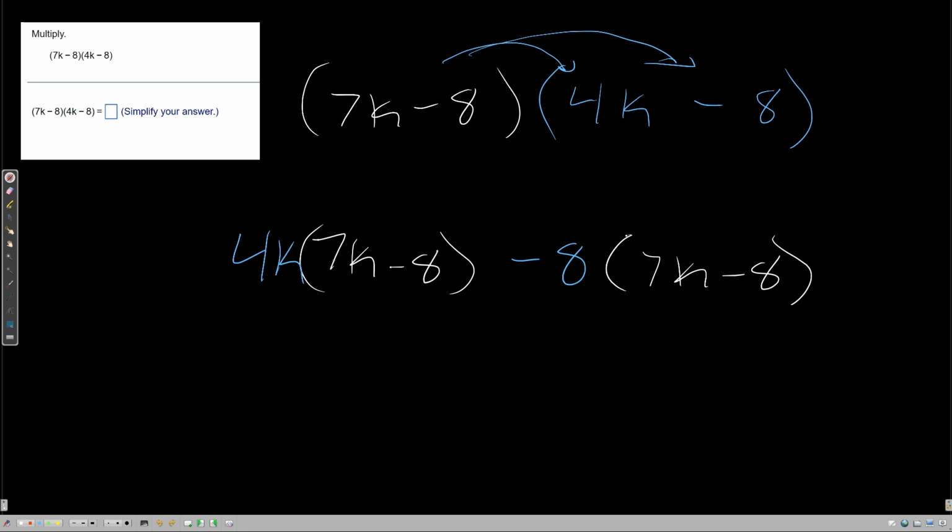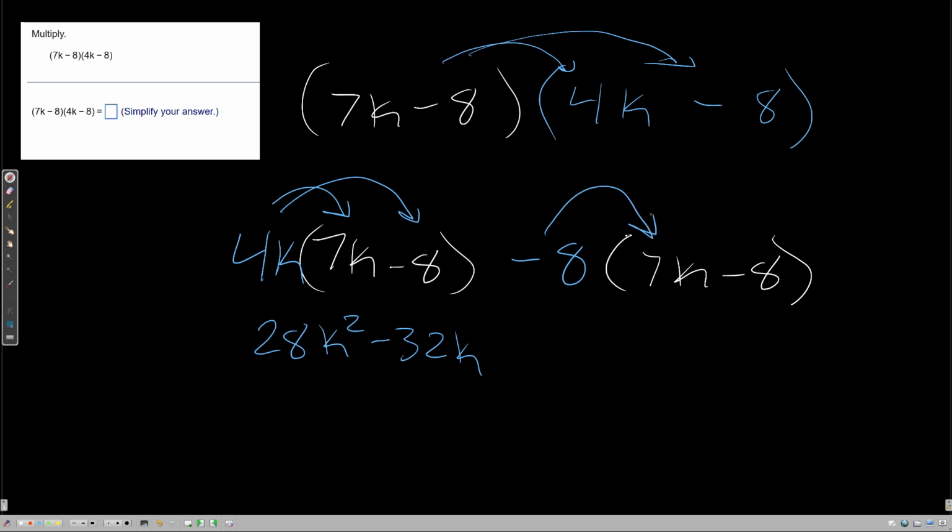So to do the first distribution, you'd have 28k squared, and then to do this one here, you'd have negative 32k, and when you do this one here, you'd have negative 56k, and then finally minus 8 times minus 8 would be positive 64.